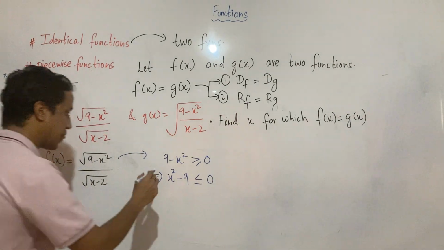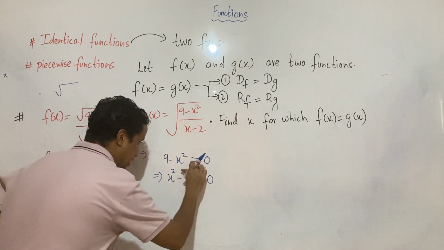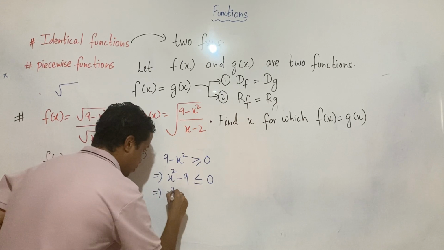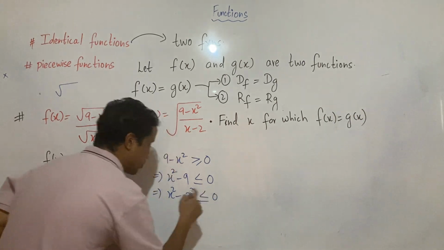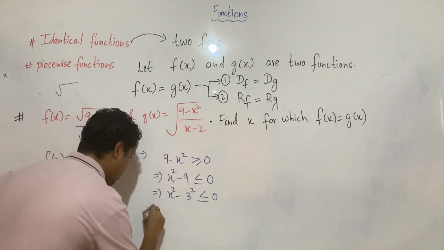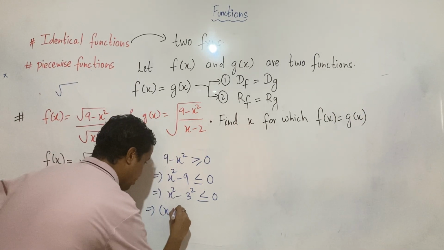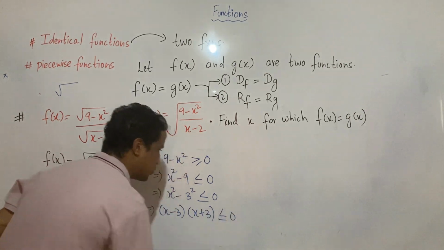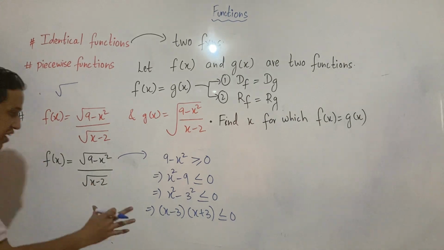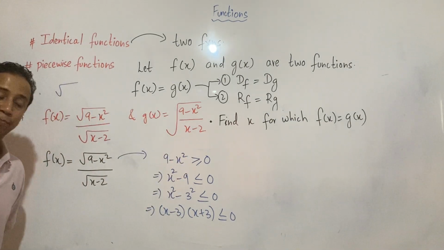And from here, this is x square minus 3 square less than equal to 0. So a square minus b square, it's going to be x minus 3 and x plus 3 less than equal to 0.